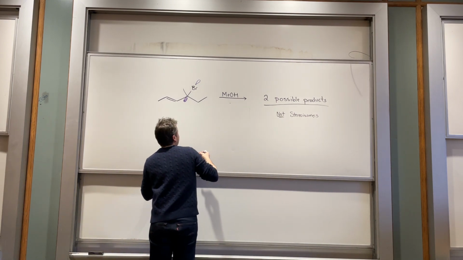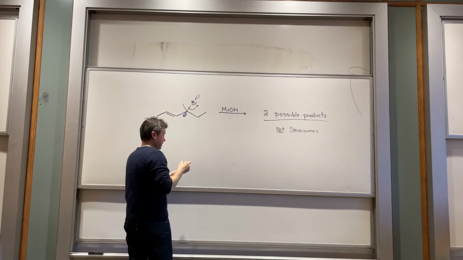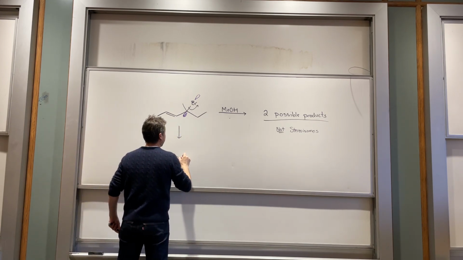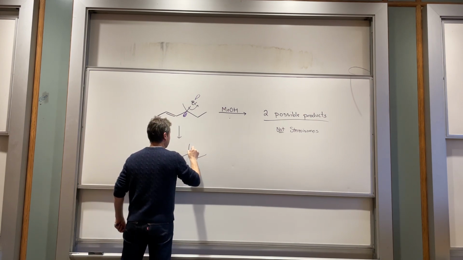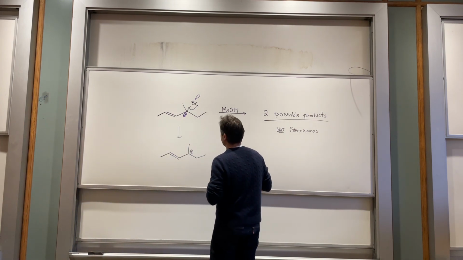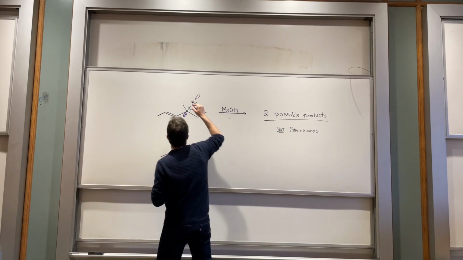Yeah. In this reaction, bromine is going to leave, and we're going to create a carbocation intermediate. There are a couple of things that can point us in that direction, to suggest that this is going to be an SN1 mechanism.